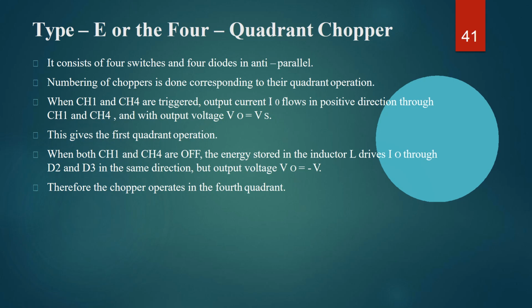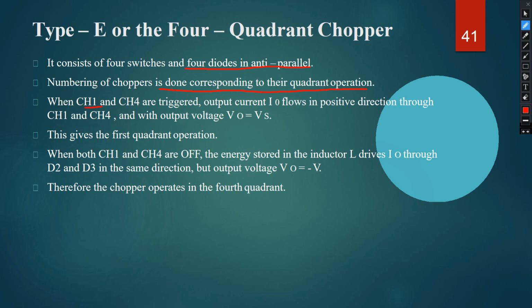Now comes the last part, that is the 4-quadrant chopper operation. It consists of 4 switches and 4 diodes in anti-parallel. The number of choppers is done corresponding to their quadrant operation.